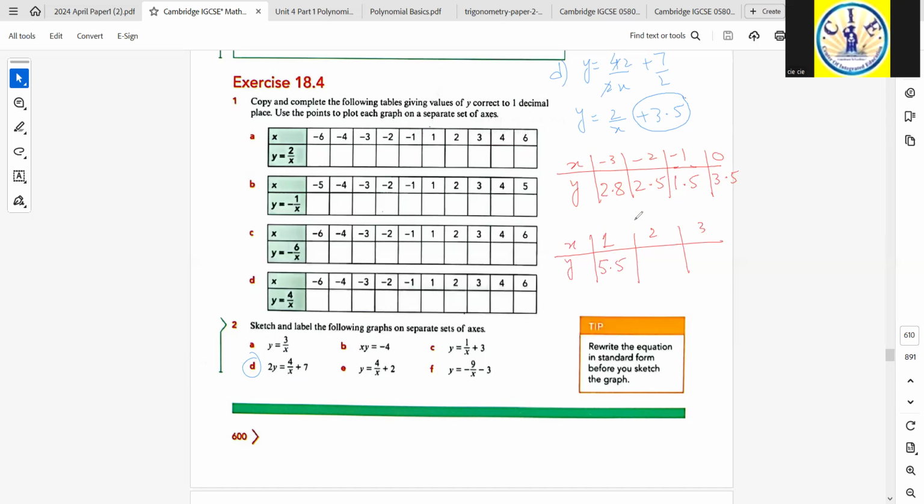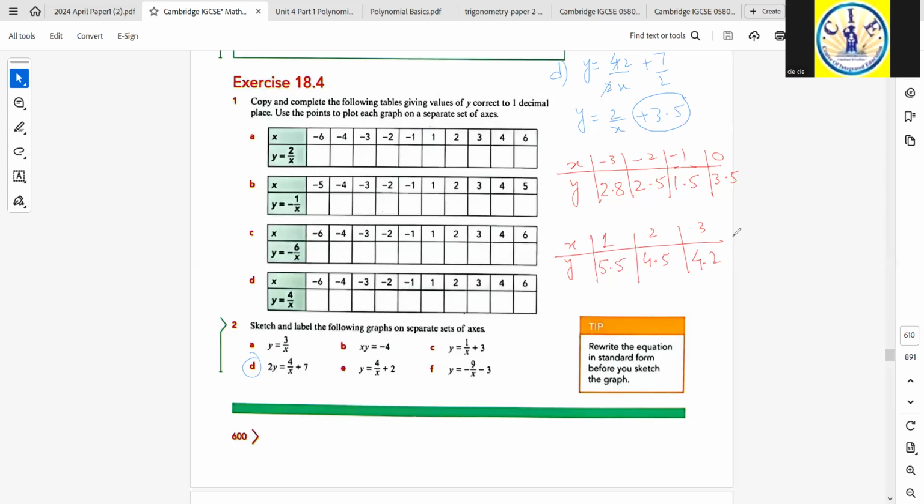Then when the value of x is 2, it is 1 plus 3.5, that is 4.5. And when the value of x is 3, the answer is 4.16, or we can call it as 4.2. So like this, we can draw the table of the values. And once we are done with the table of the values, then we can draw the graph of this function.